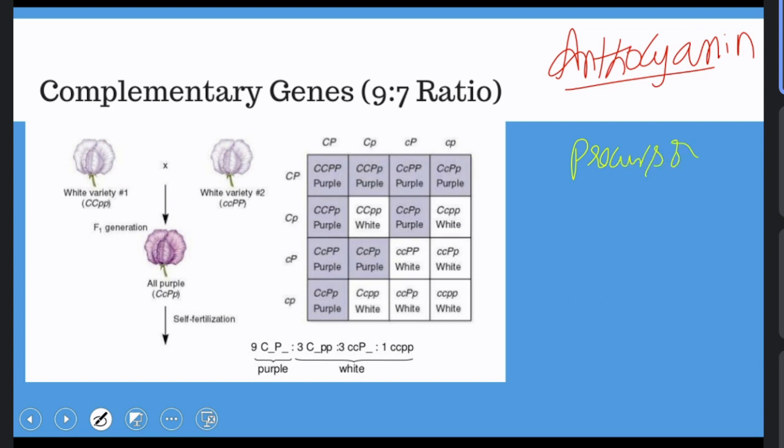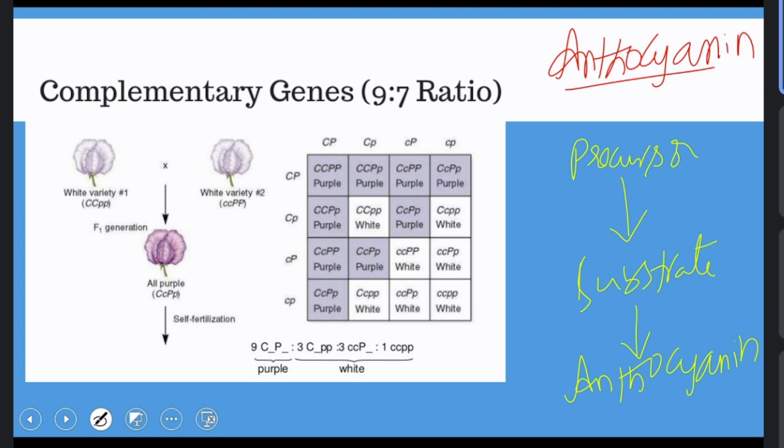This precursor substance is converted into some substrate, and this substrate is again converted finally into the anthocyanin pigment.